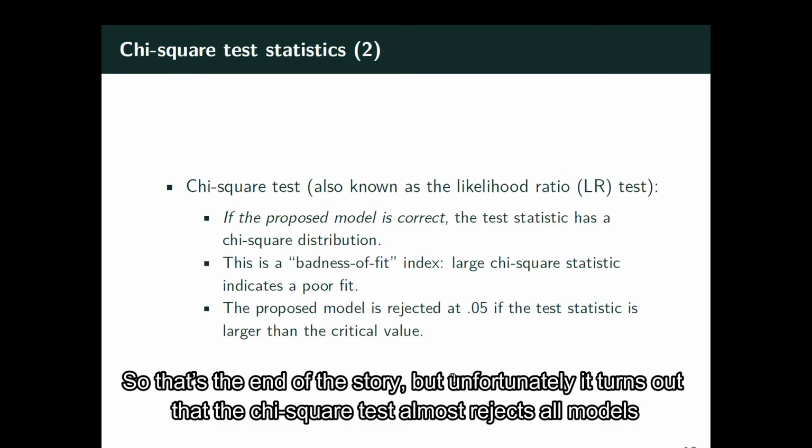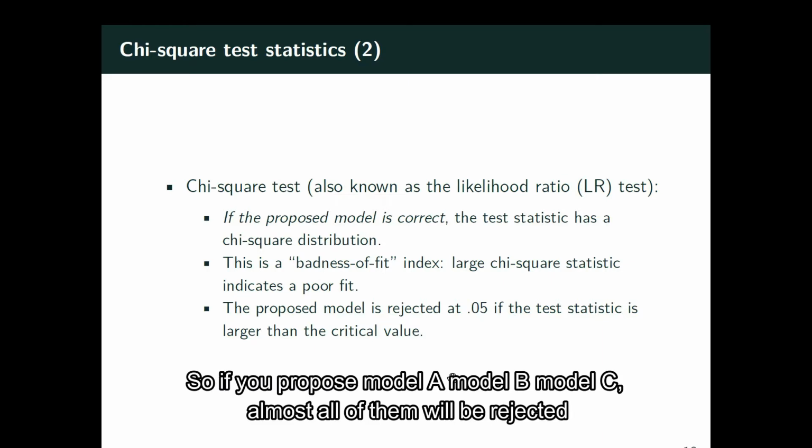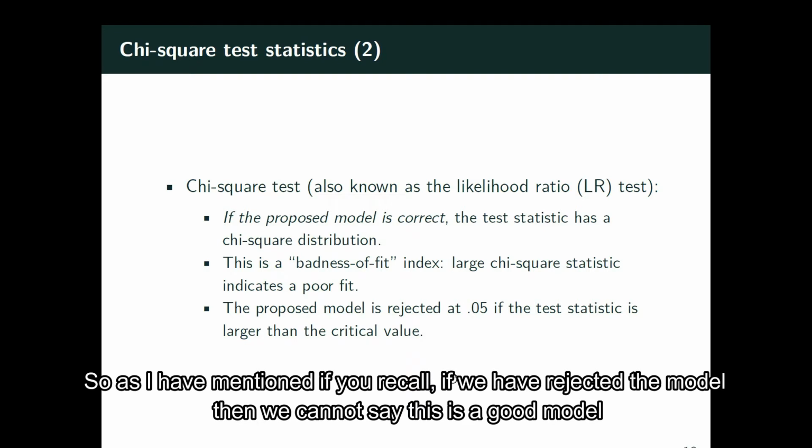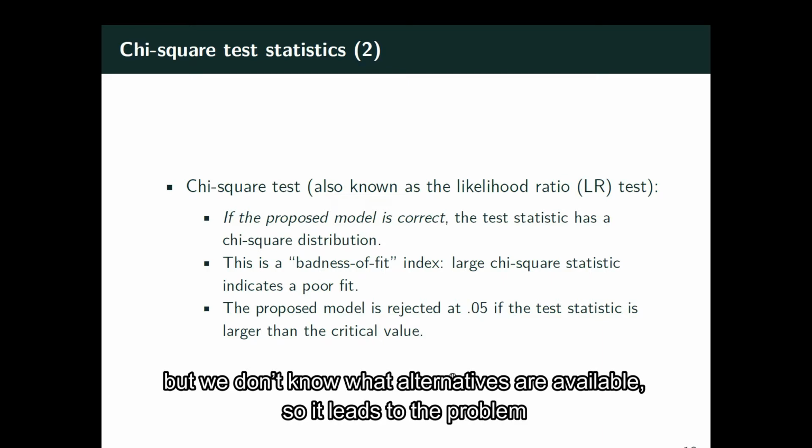But unfortunately, it turns out that the chi-square test rejects almost all models. So if you propose model A, model B, model C, almost all of them will be rejected. As I mentioned, if we have rejected the model, then we cannot say this is a good model, but we don't know what the alternatives are.